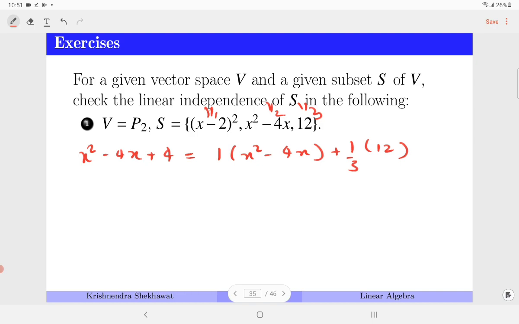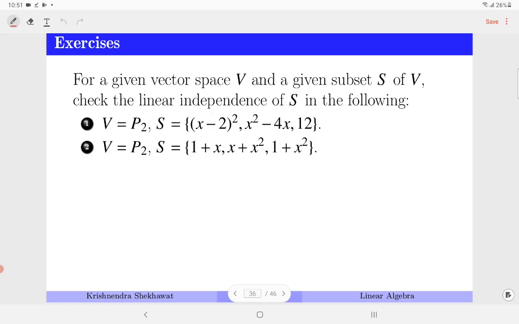Yes, you can always go by the definition also. You can write a v1 plus b v2 plus c v3 equal to 0 plus 0x plus 0x square, solve, get the values of a, b, c, and see if the system has a trivial or non-trivial solution, based on which you can say it is LI or LD. But sometimes you can directly visualize it, for example in this case. So it is LD.